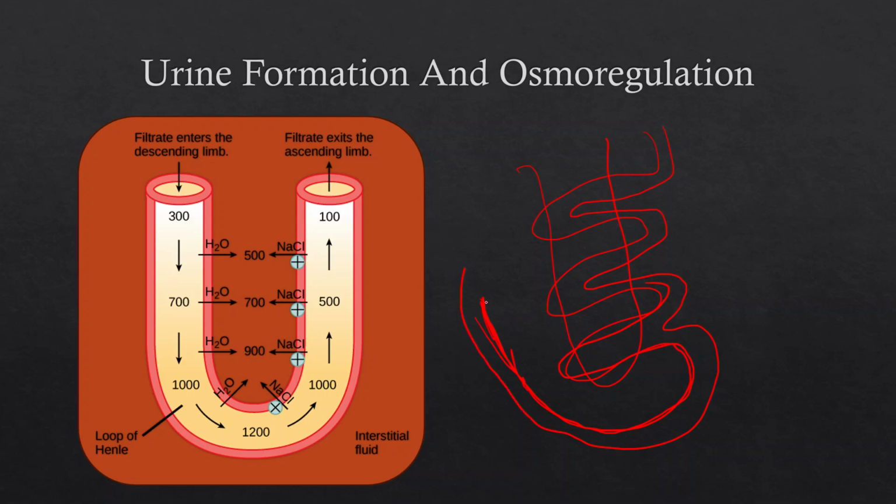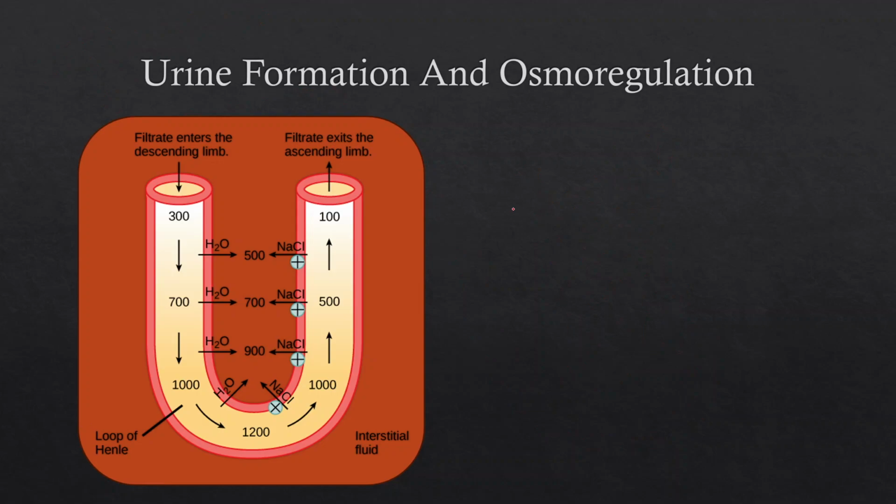This blood again enters into venules and veins, then the inferior vena cava, and again goes into the right atrium of the heart. And we have osmoregulation taking place between this vasa recta, the hairpin bend, and also the interstitium.